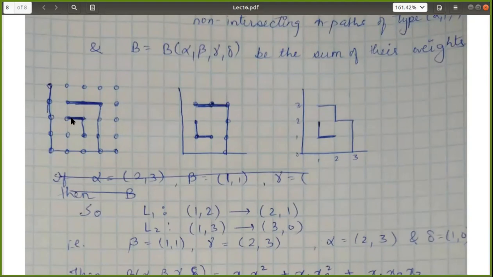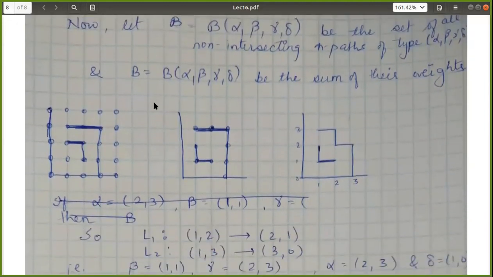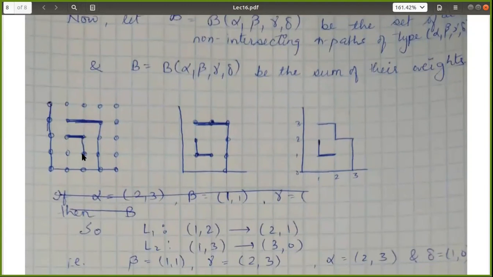Now for this, the possible lattices, if I draw out the non-intersecting ones, because that is what I'm dealing with, you have this choice or this choice. If I take this choice, then there is exactly one possible choice for the other lattice which is non-intersecting from this, which is exactly this.